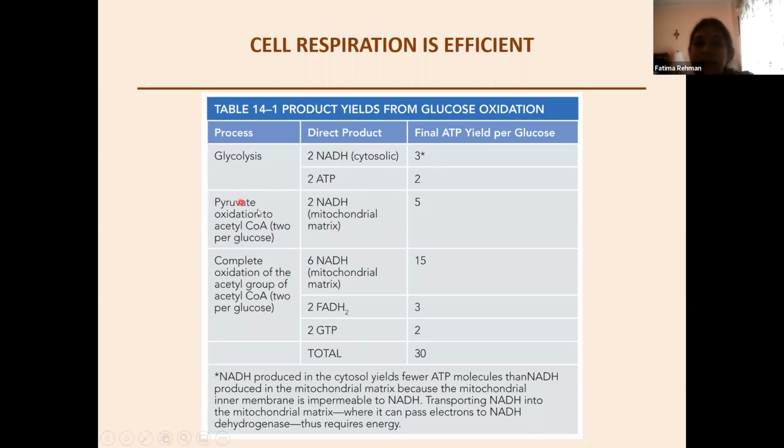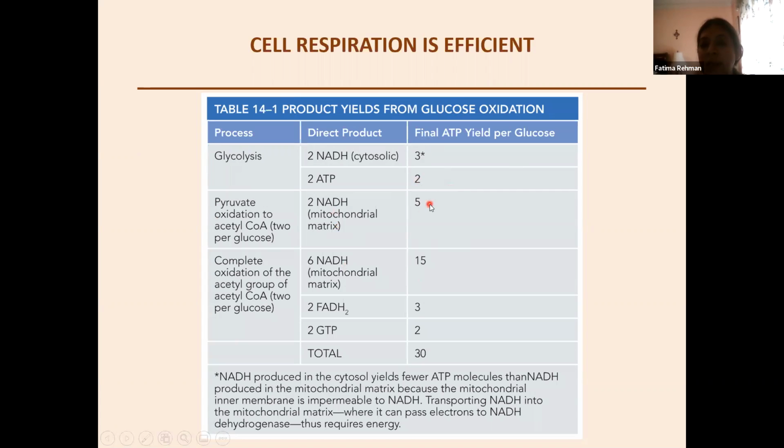The next step is pyruvate oxidation into acetyl CoA. Now you get 2 pyruvates at the end of your glycolysis. Each one of them is going to get broken down into NADH in the mitochondrial matrix, so you're going to generate more ATP from them than you did with the cytosolic one.